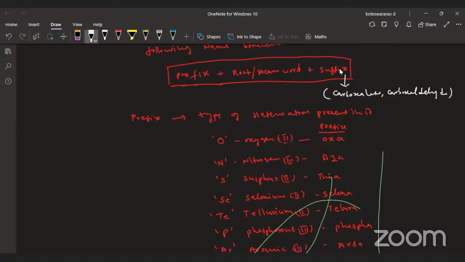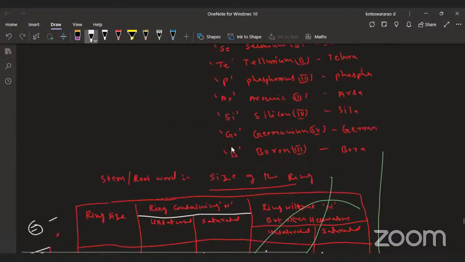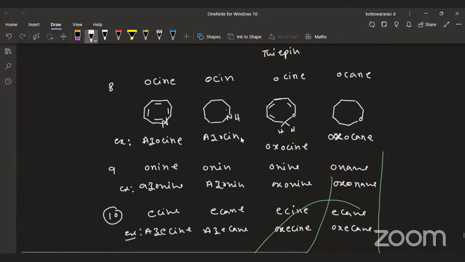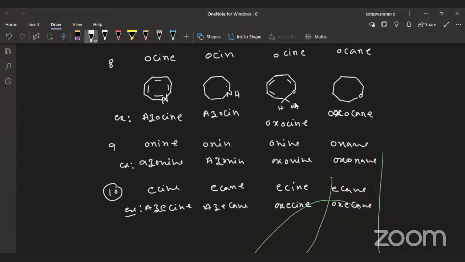Right now, we have also given the examples. There are also some rules you need to follow whenever you are assigning the name. What are they? The state of hydrogen or saturation is indicated by the prefix or suffix using dihydro, tetrahydro words.